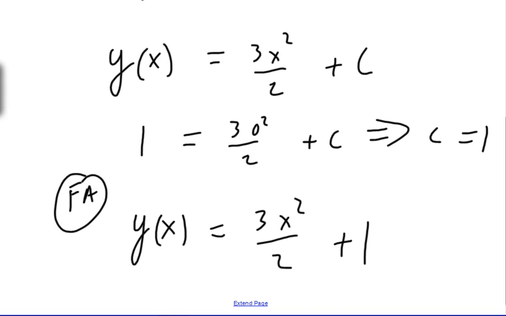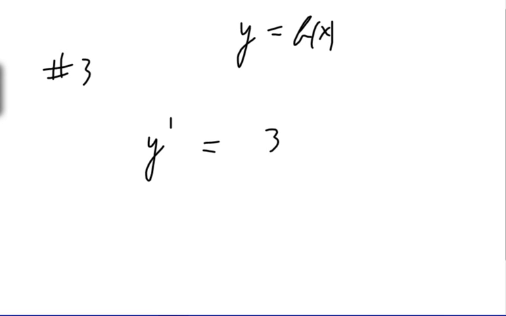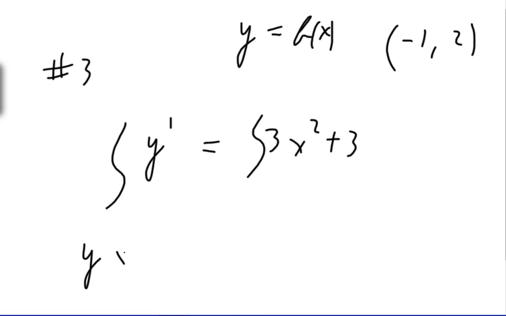Okay, looking at number 3. I have some y that's some function of x, and I know that y prime is equal to 3x squared plus 3, and that this line passes through the point minus 1, 2. Okay, so I integrate both sides. I get that y of x is equal to x cubed plus 3x plus c.